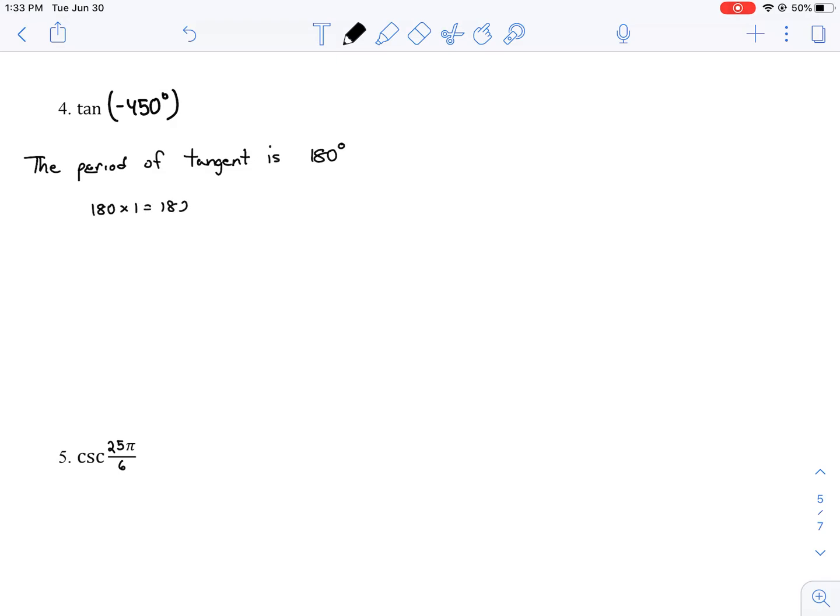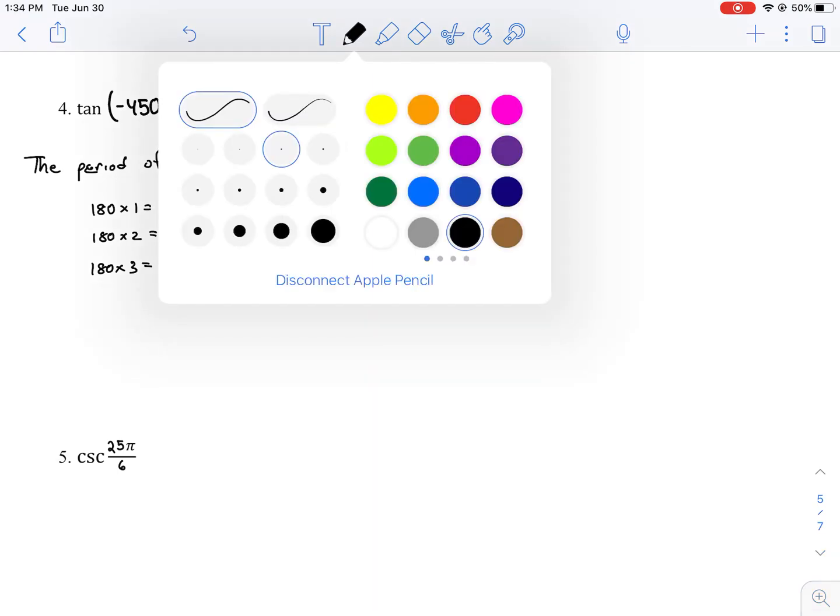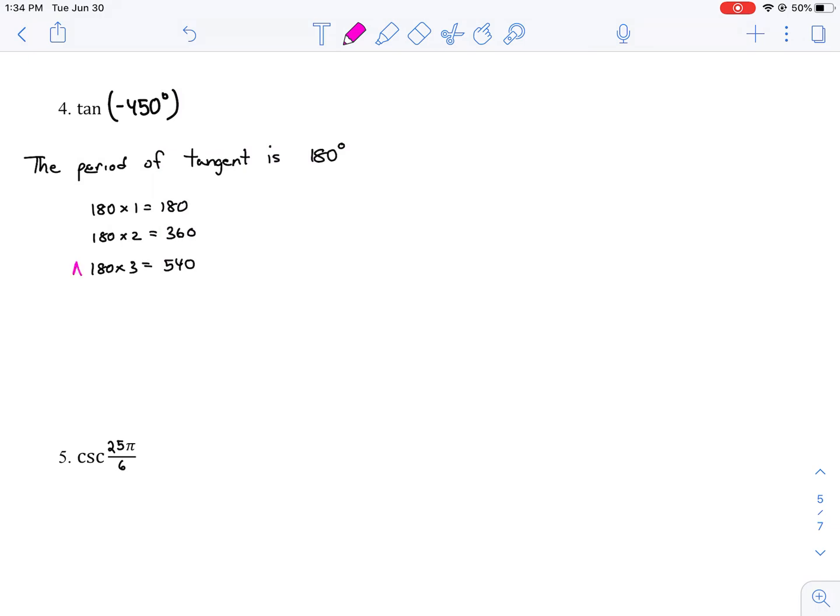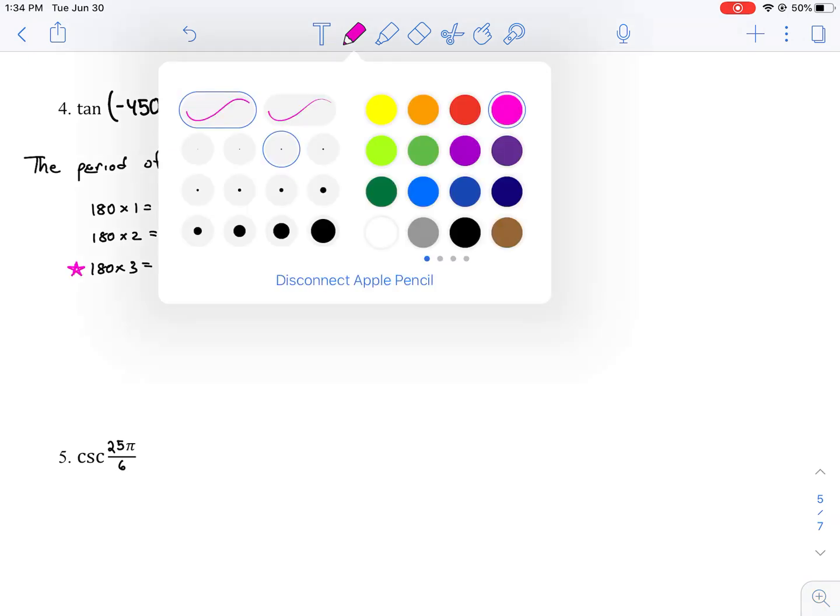So 180 times 1, that's 180, times 2 is 360. 180 times 3 is 540, and if I add 540 to negative 450, I will get an angle that is on the unit circle and coterminal to negative 450.